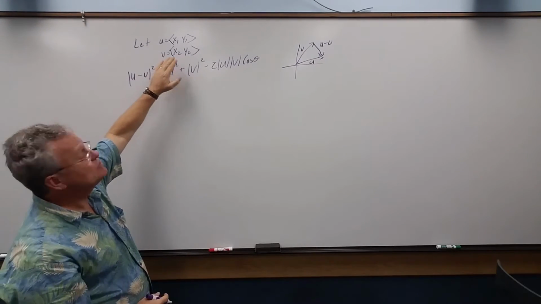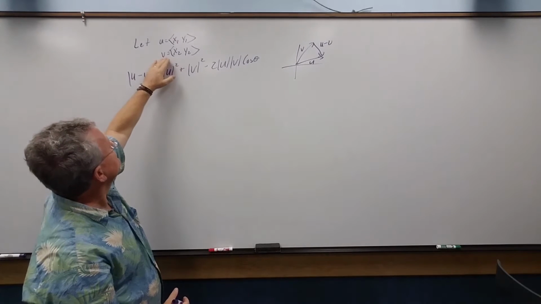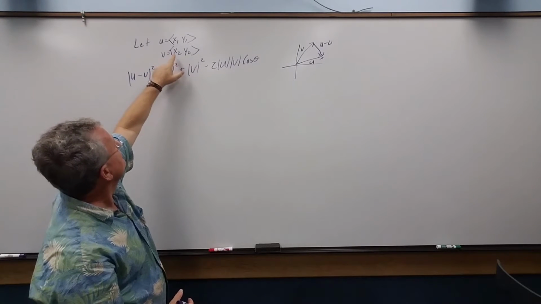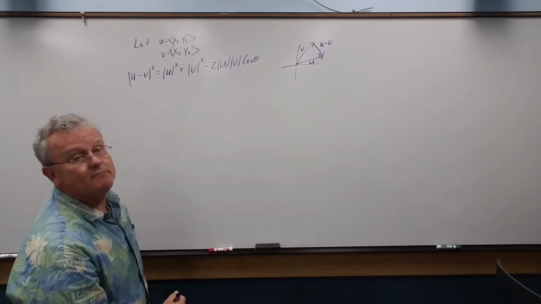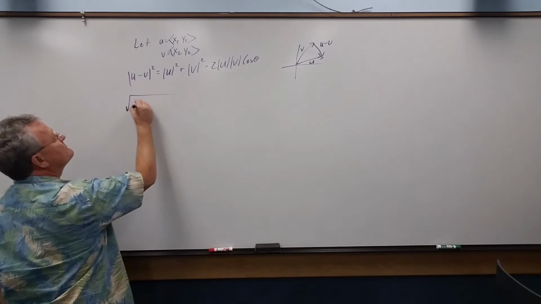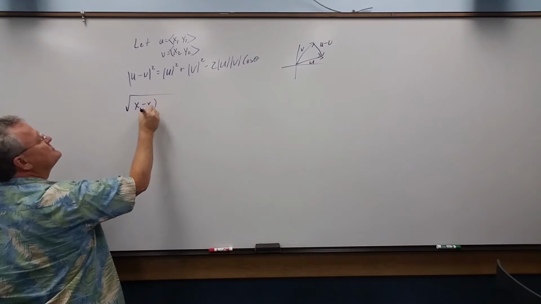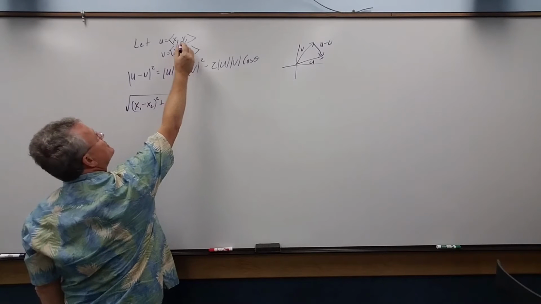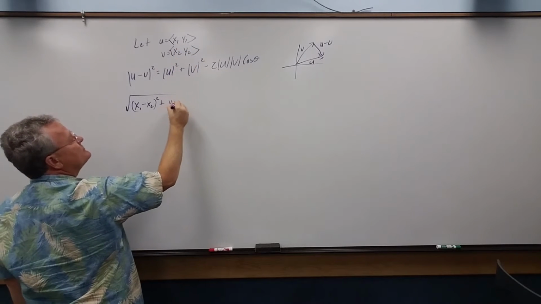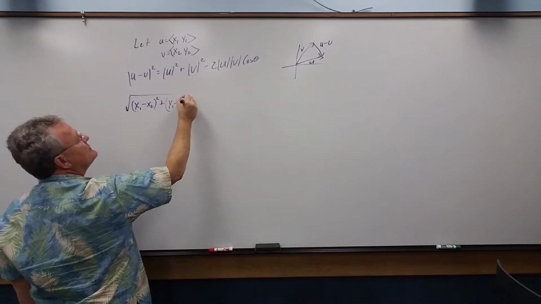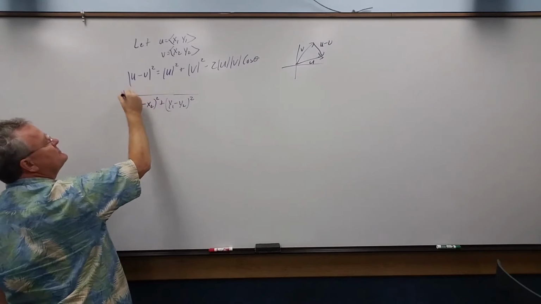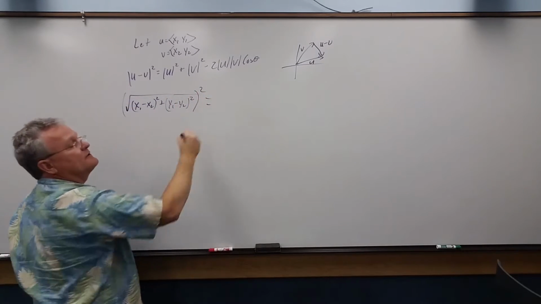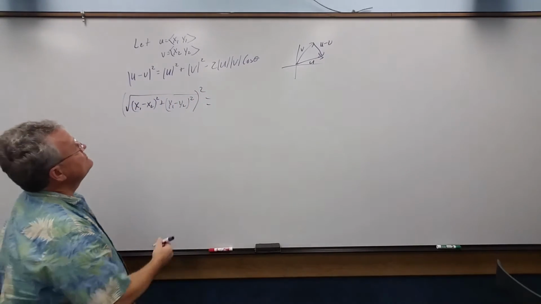Well, the magnitude squared. The magnitude is the square root of (x1 minus x2) squared plus (y1 minus y2) squared. So that is the magnitude, but then we're squaring that. What's the magnitude of u?